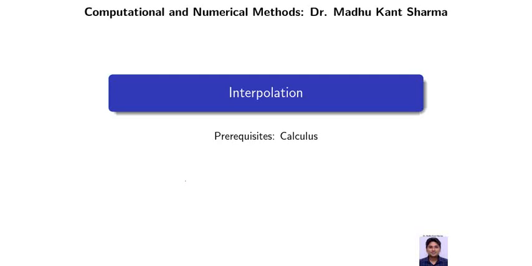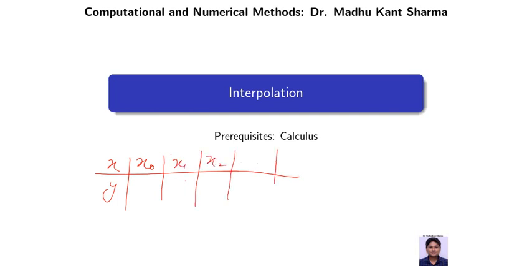The next topic for this course is to learn interpolation techniques. When we have been given a set of points in terms of tables like x and y, x0, x1, x2, and so on, xn, and you have corresponding values at these nodes y0, y1, y2, and so on, yn.